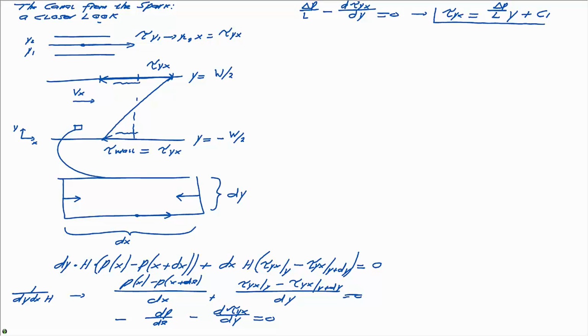So this means that it's going through 0 at y is 0. And that means that C1 has to be 0, because if I fill in 0 for y, then I get tau yx at y is 0 is C1, and it's 0. So we can skip the C1. This is our final answer.